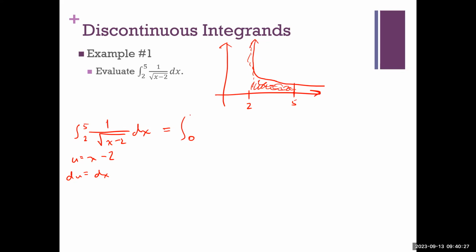So right, basically we're sliding all of our x units, or we're decreasing them all by 2. So our bounds should now be 0 and 3. And we're integrating u to the negative 1/2 du, right? That looks a lot more manageable. What is the antiderivative of u to the negative 1/2?